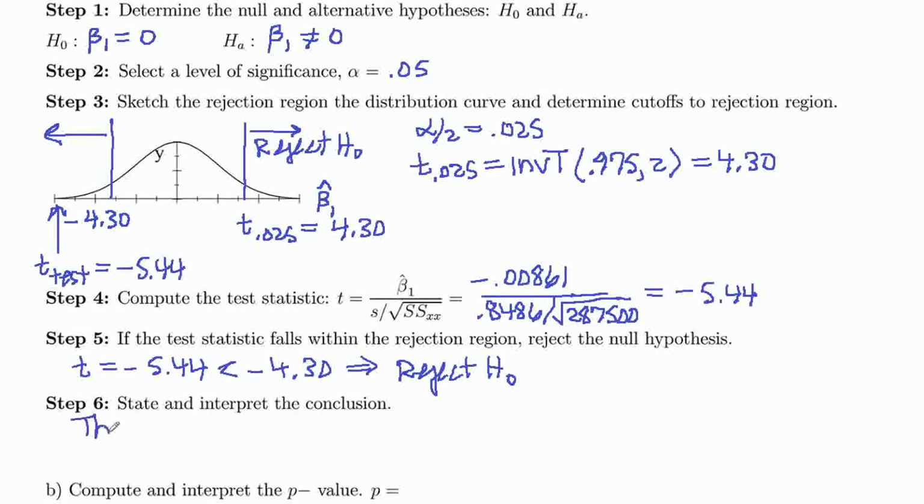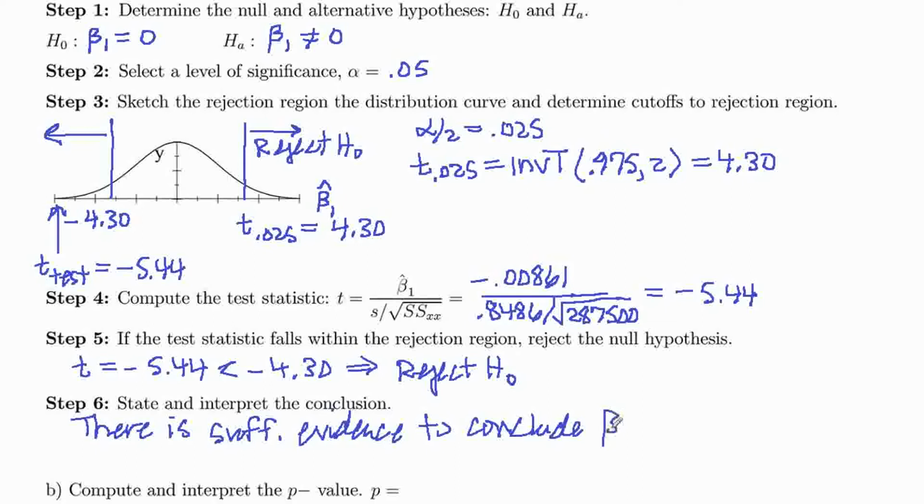So we would say that there is sufficient evidence to conclude the alternative hypothesis, to conclude that beta 1 is not equal 0. So i.e. X and Y are linearly related.